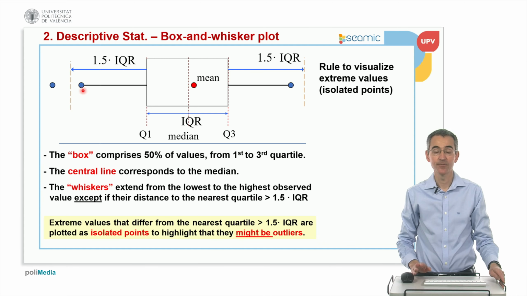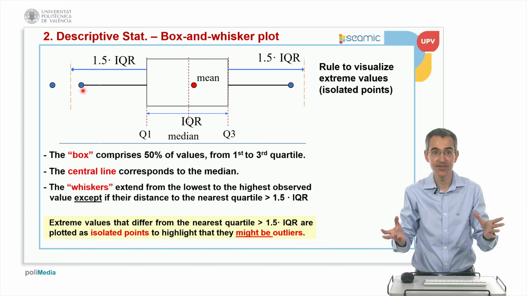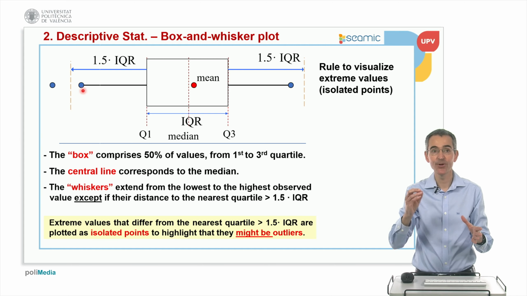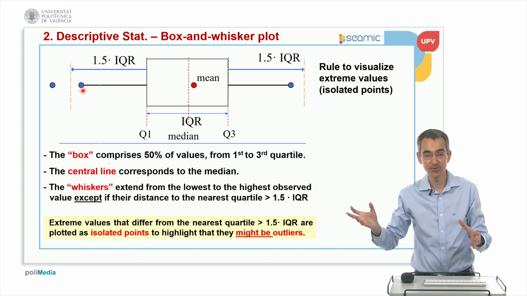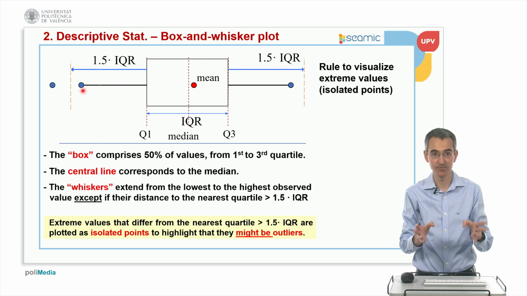So this rule is to visualize extreme values, and then we have to decide or determine if those values are outliers to be removed, or if we should keep these values because they are not erroneous values to be removed.